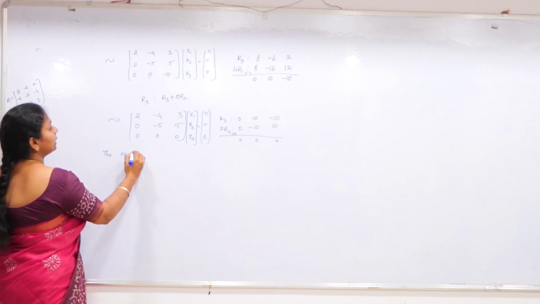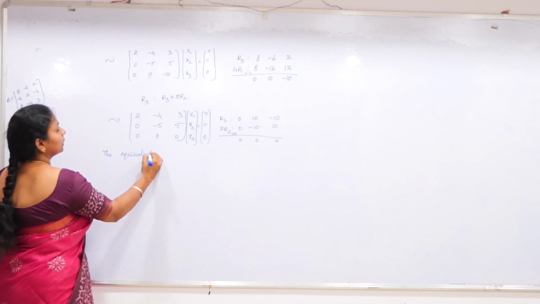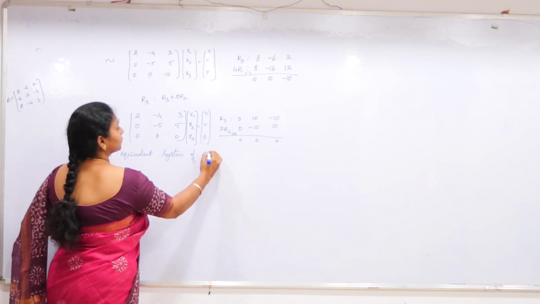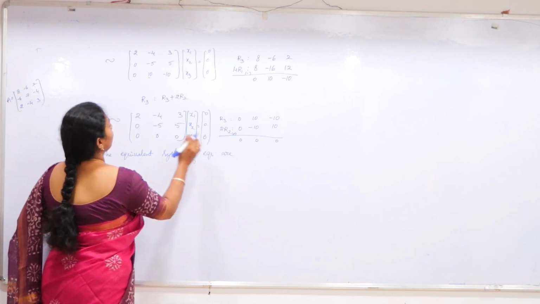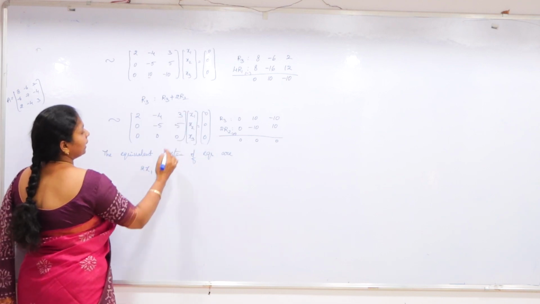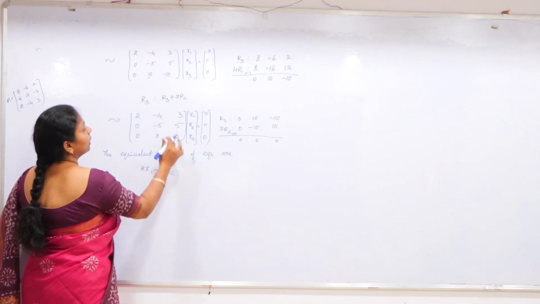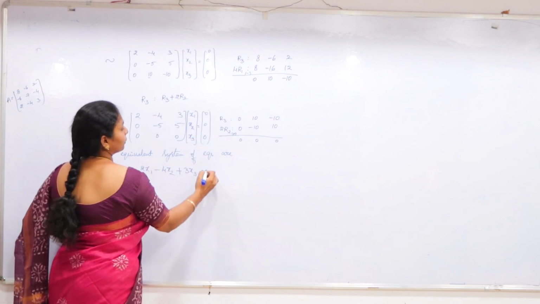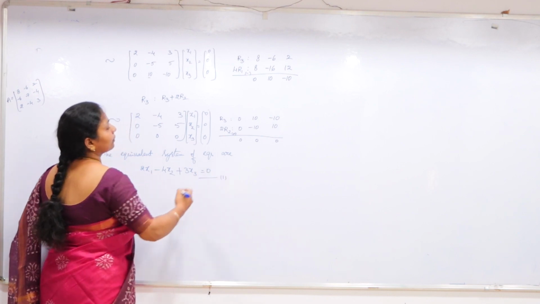Next, write the equivalent system of equations. The equivalent system of equations are: 2 x1 minus 4 x2 plus 3 x3 equal to 0. This is the first equation.